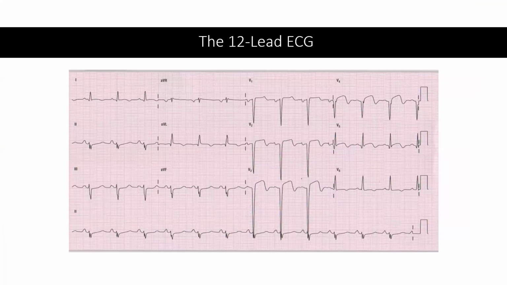Here's another view of a typical 12-lead ECG tracing. Now, what I wanted to emphasize here is you will see some lines. Do you see these lines right over here? These are actually the lines that indicate the ending and the beginning of each lead. So lead 1 starts from here and ends over here. Lead 2 starts from here and ends over here.